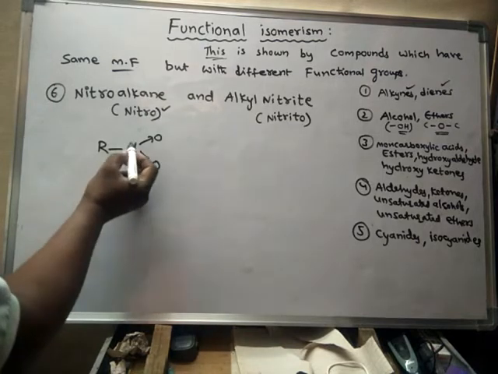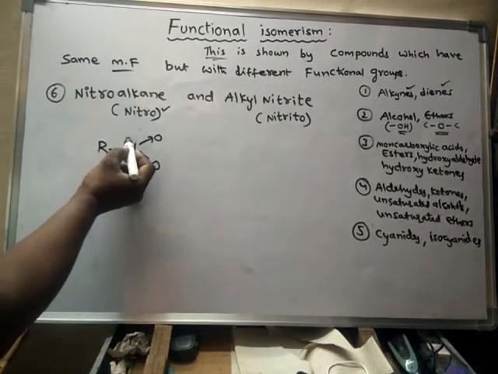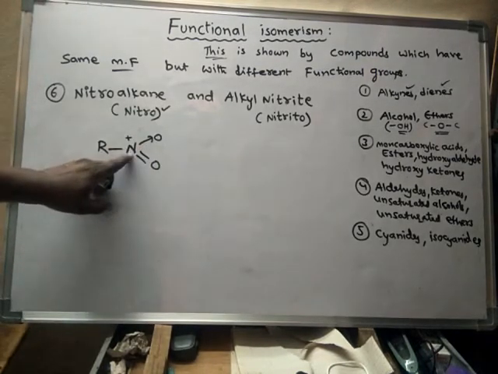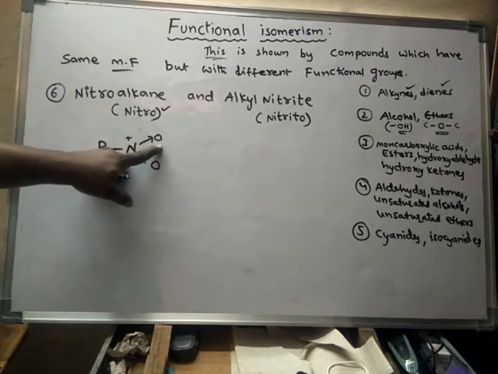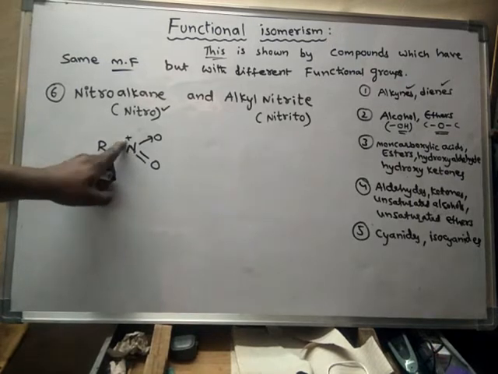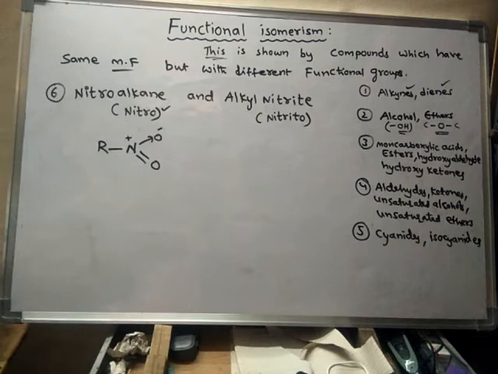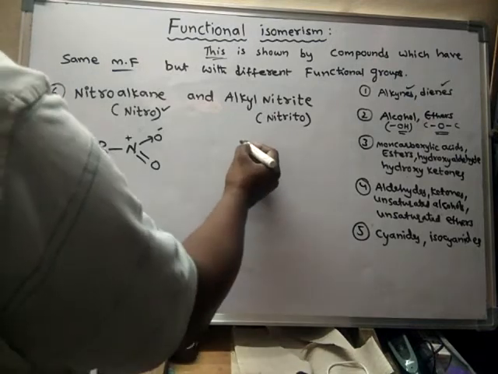As it is a coordinate covalent bond, we will write it like this. While writing a coordinate covalent bond, we have to mention from which atom the electron pair is donated to the other atom. The donor atom gets a positive symbol and the acceptor atom gets a negative symbol. Then what is alkyl nitrite?